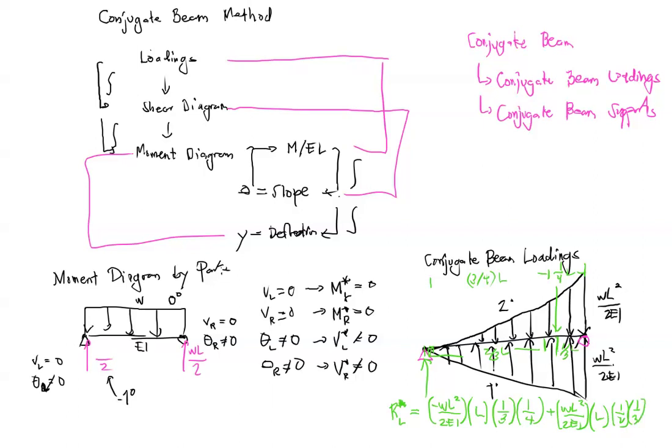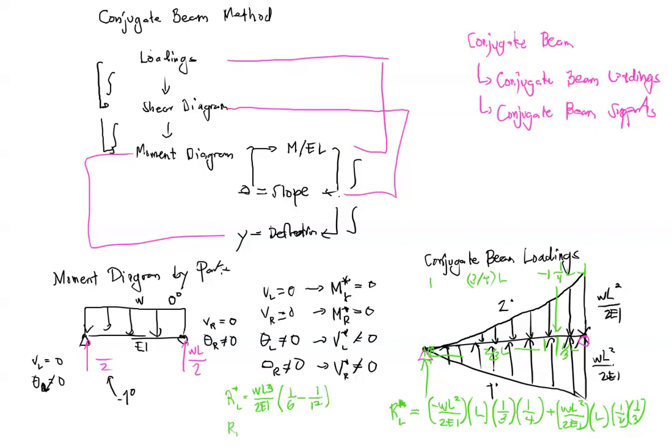RL ko will be equal to, so, pa-factor out ko lang, WL squared over 2EI. Actually, gagawin ko ng WL cube para meron akong 1 over 6 minus 1 over 12.